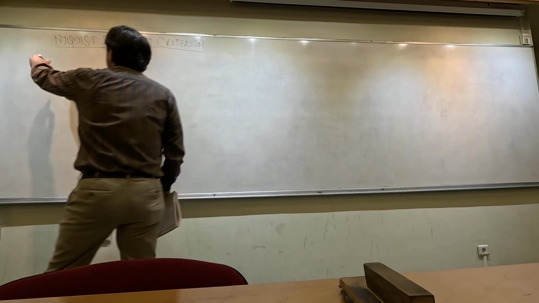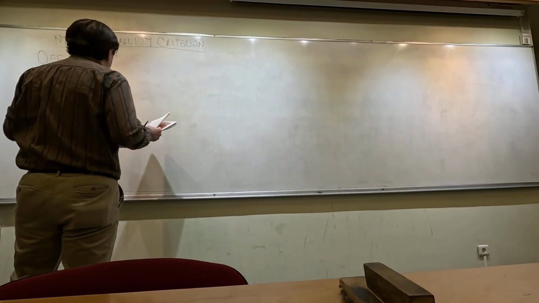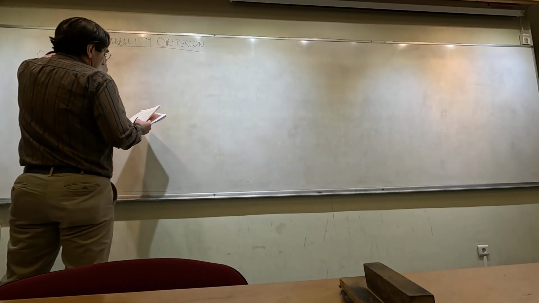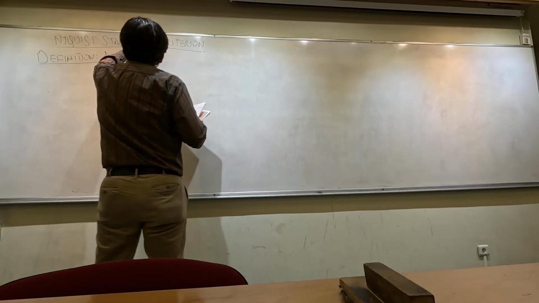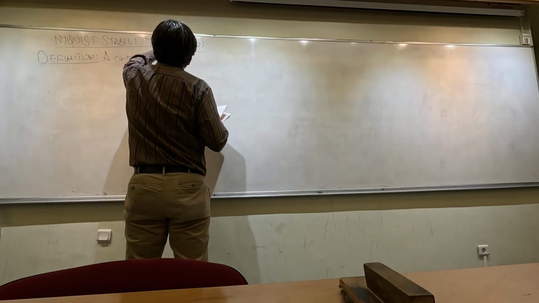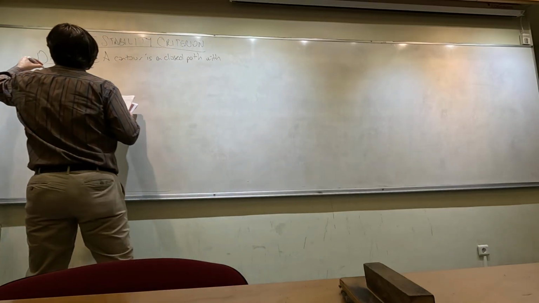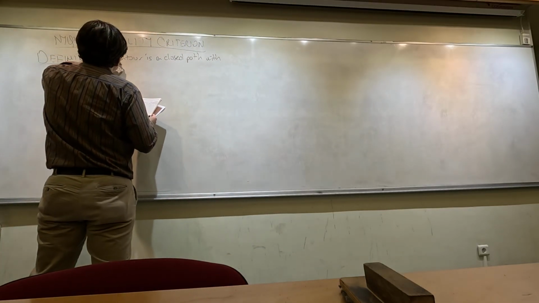So here let us write a definition. These plots are again going to be in complex planes. So let me say definition. We are considering a contour, which is a closed path with a direction in a complex plane.